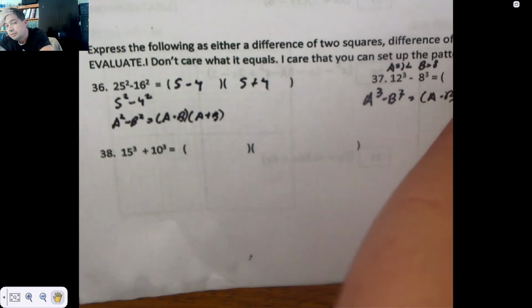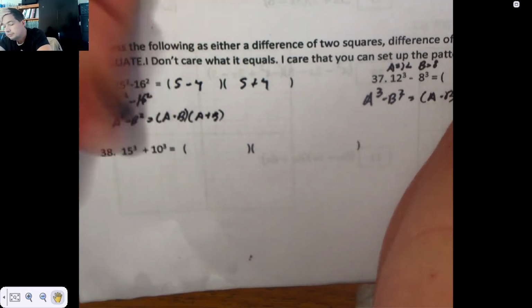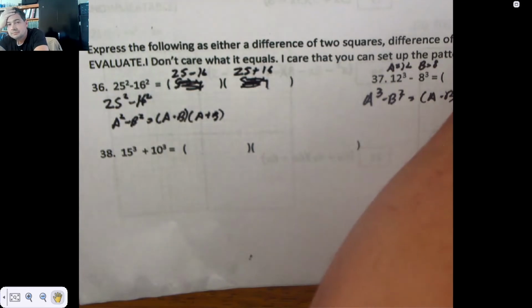I sat here and talked about other kids missing this. It's legit given to you. It's supposed to be 25 minus 16 times 25 plus 16. That's what it's supposed to be. I was off somewhere else thinking about kids who have missed this as opposed to actually doing the problem.